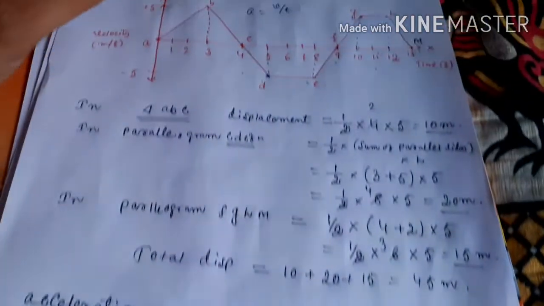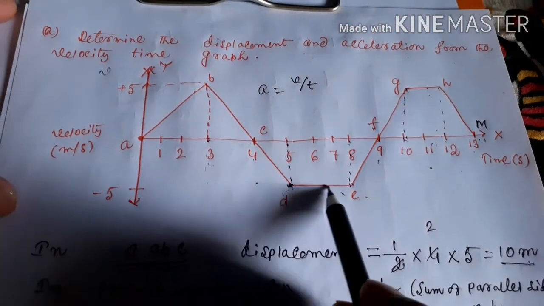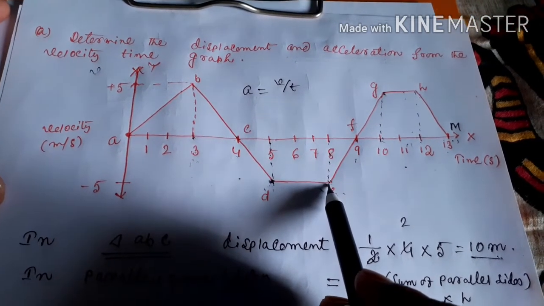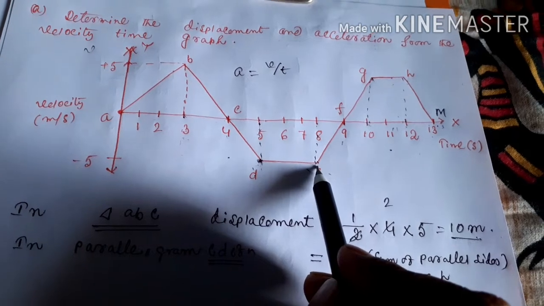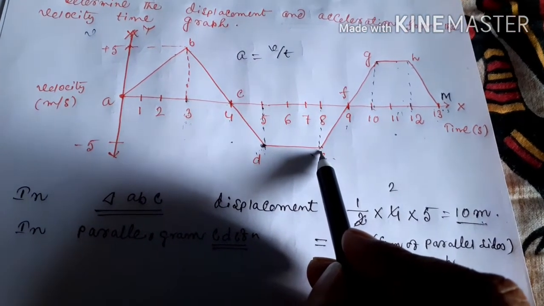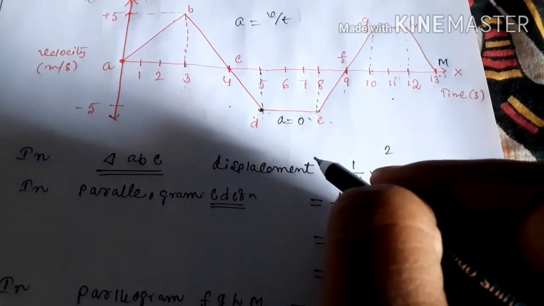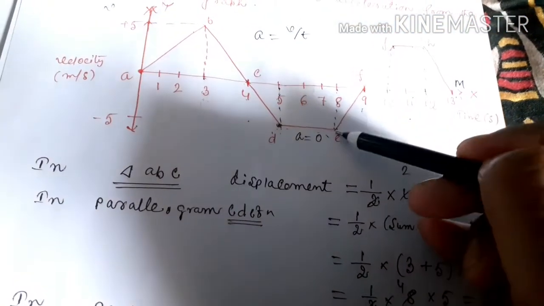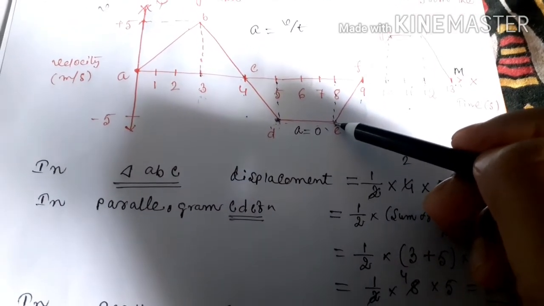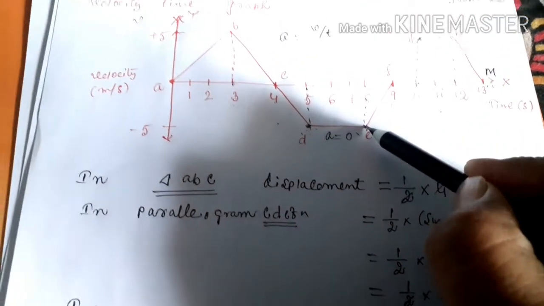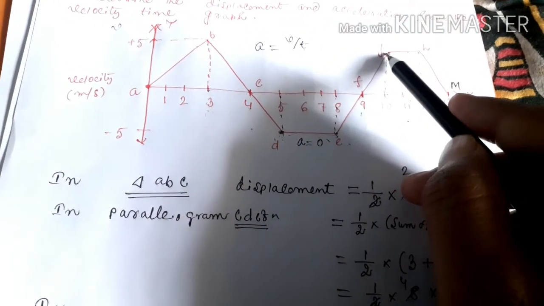Now if you talk about the DE part, you can see constant velocity, that means uniform velocity here. No change. Here also minus 5, here also minus 5, so velocity is not changed, so the change in velocity will be 0. So acceleration through this part is equal to 0. Maybe you understood. Through the EG part, the initial velocity at this point is minus 5, and the final velocity is plus 5.